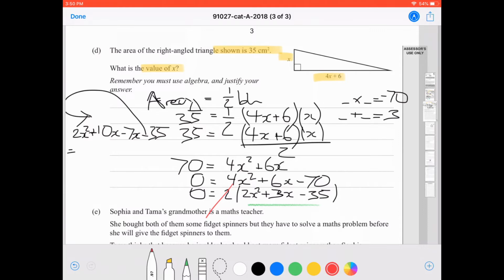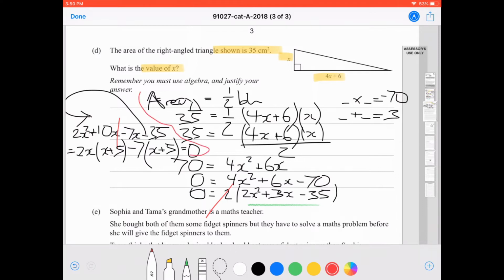We draw our line down the middle and we factorize left and right. You've got 2x and x plus 5. And for the right hand side, minus 7 is a common factor. And x plus 5. Once again, you know you're on the right track when your 2 brackets are the same. And that equals 0. Just bear with me, running out of space here.